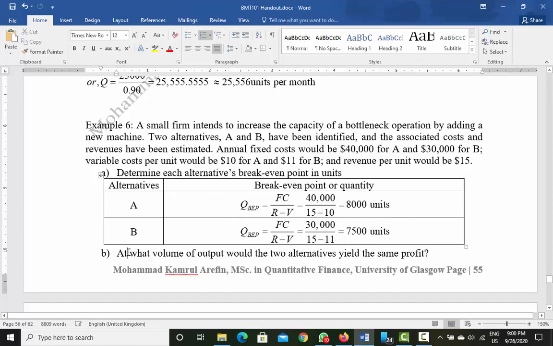Now the question is asking, at what volume of output would the two alternatives yield the same profit? We need to find the value of Q for which both alternatives will give us the same profit.